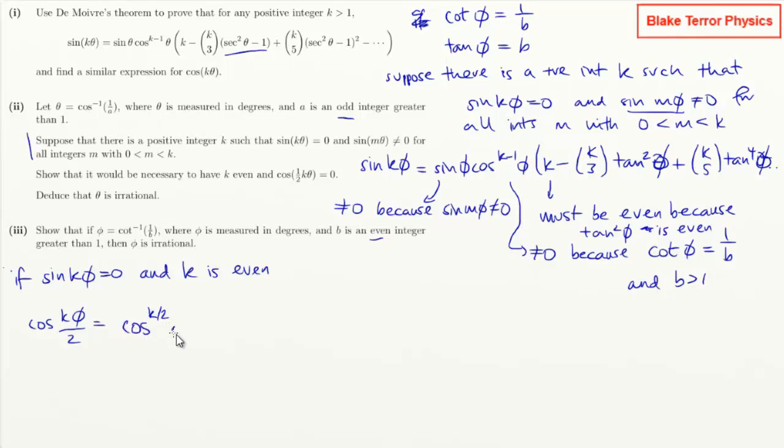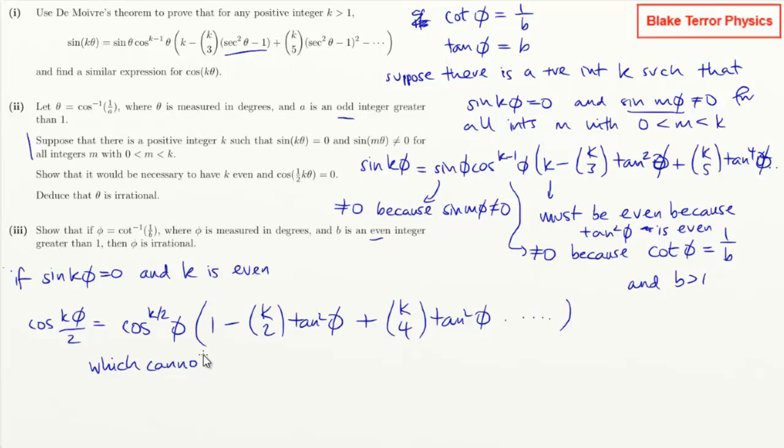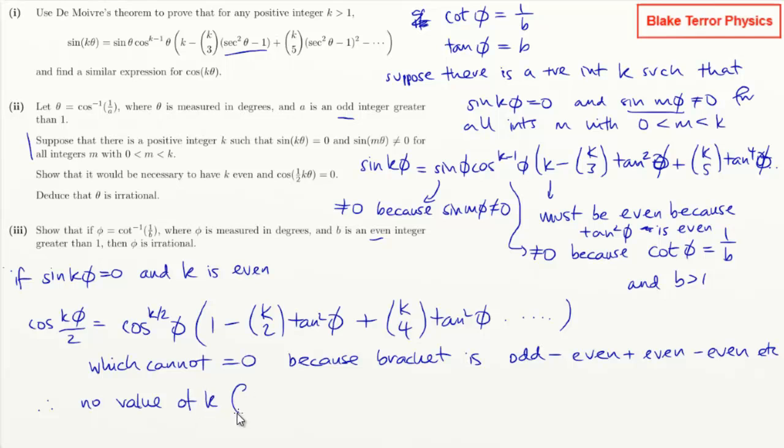We're going to have cos to the k over 2 of phi times the bracket: 1 minus k choose 2 tan squared phi plus k choose 4 tan to the 4 phi, and so on. So this cannot be equal to 0, because the bracket is odd minus even plus even minus even, etc. Therefore there is no value of k for which sine k phi equals 0.